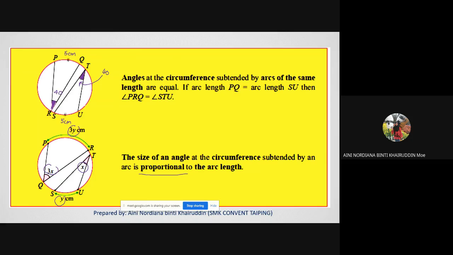Here y, here 3y means arc PR is 3 times this arc SU. So when the PR 3 times this arc SU, then the angle will be 3 times also.